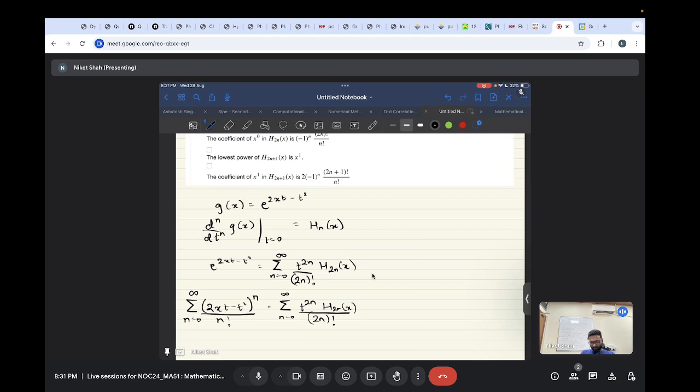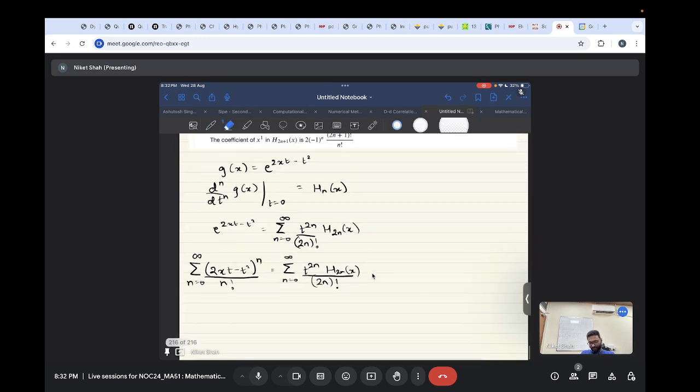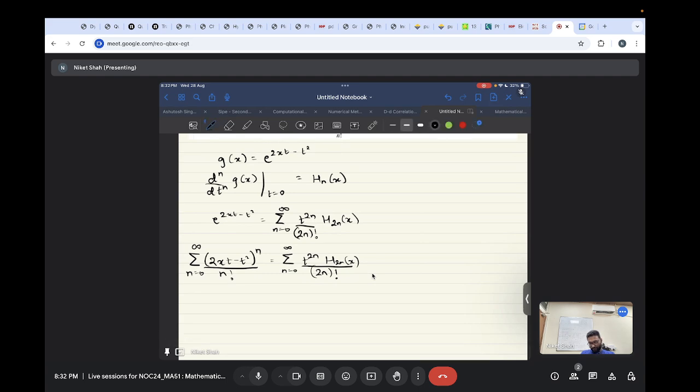So now, 1 by n factorial, this is very small, let me make this larger. So sum over, that's the outermost thing, n equals 0 to infinity, 1 by n factorial is also outside.